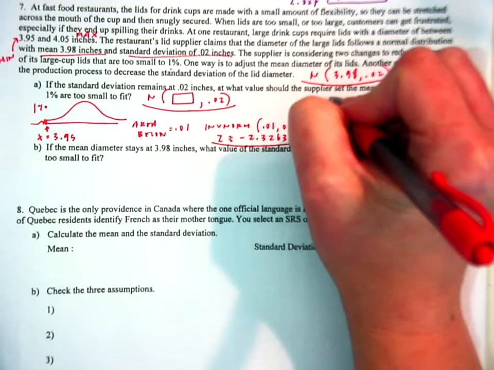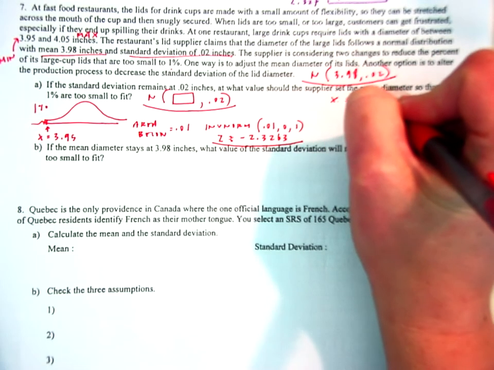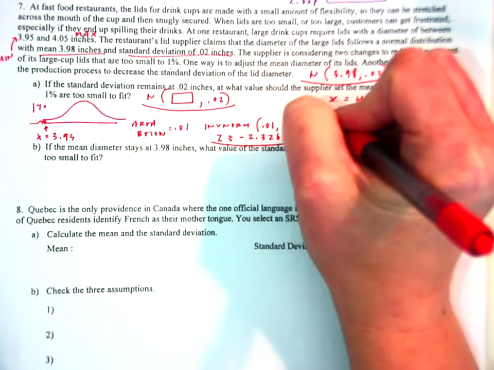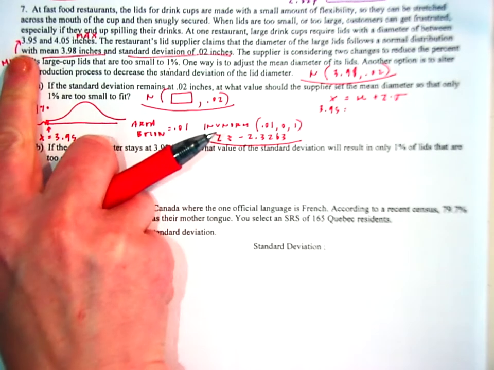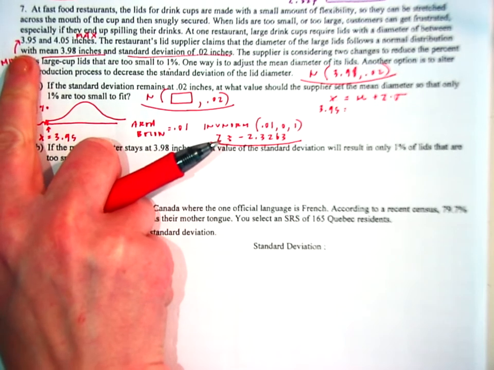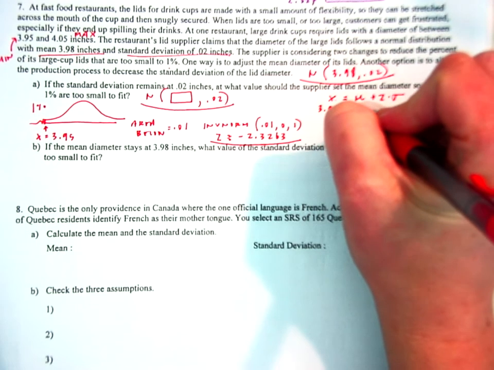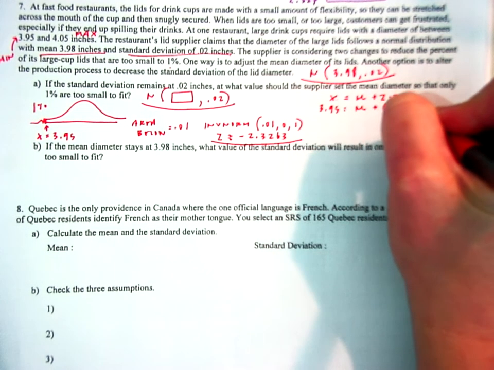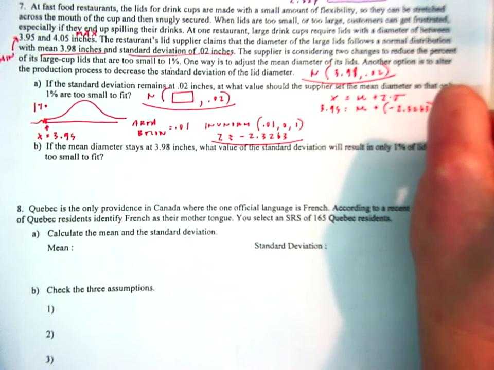Okay, so now I need to figure out what that missing mean is. We've had a couple of these today. So I'm going back to x equals the mean plus the z-score times the standard deviation. 3.95 is the observation, that's the minimum diameter of the cup lid. The mean, I don't know it. My z-score, I solved for it, negative 2.3263, and a standard deviation of 0.02.